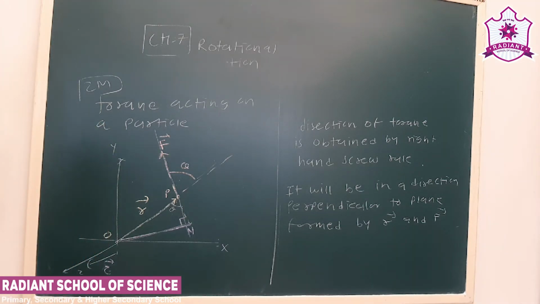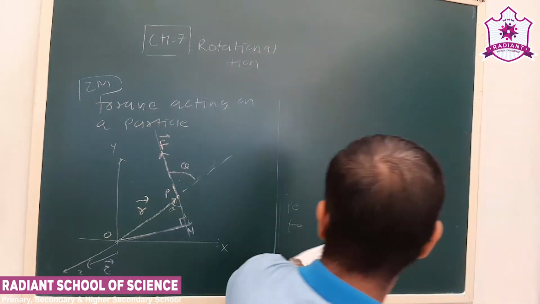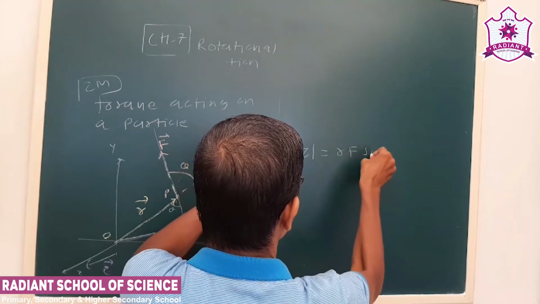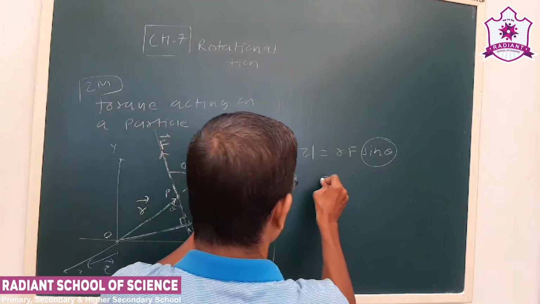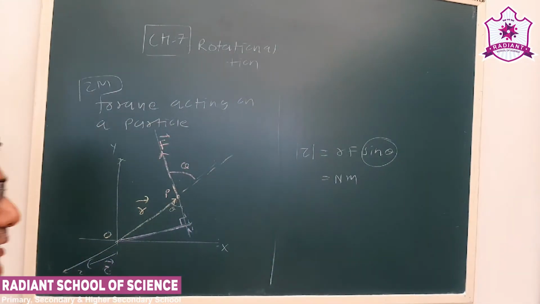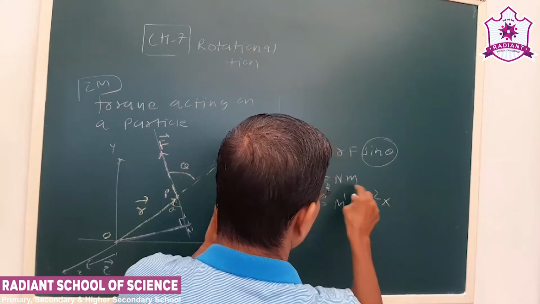So now unit and dimension. Torque is R cross F. Theta is dimensionless. Force is in Newton. Displacement or perpendicular distance is meter. Now Newton meter. Newton dimension is M1 L1 T minus 2. Meter is L1.